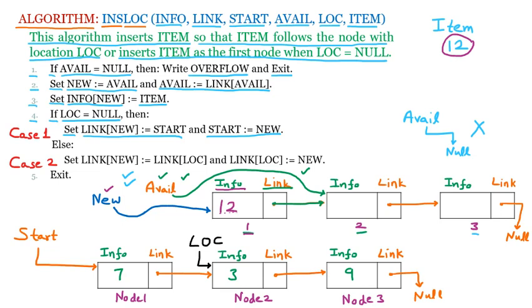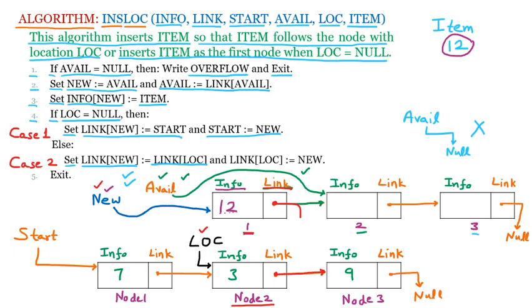So now here in the case 2 we are having set link new. The new is pointing to the node 1 and their link part, that means we are talking about this particular portion, is equal to link loc, means where the location is pointing to node 2 and their link part, and that is pointing to the node 3.